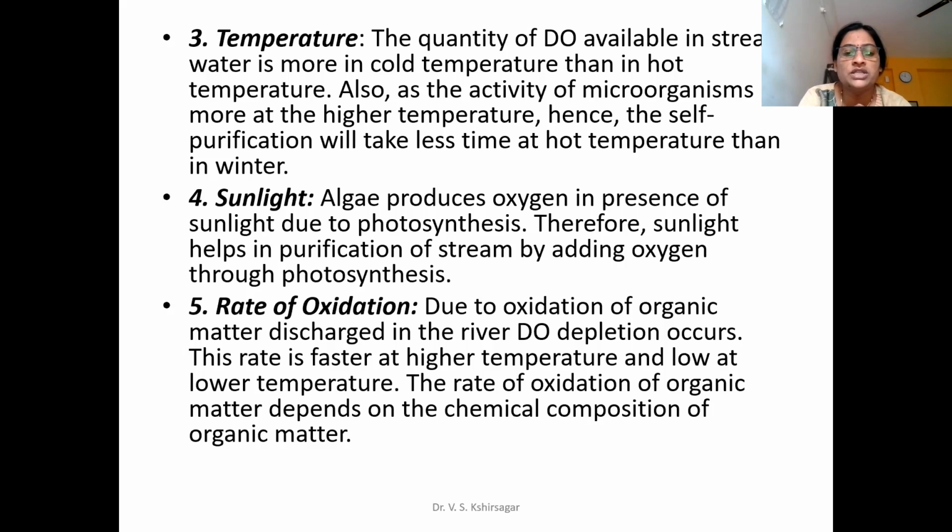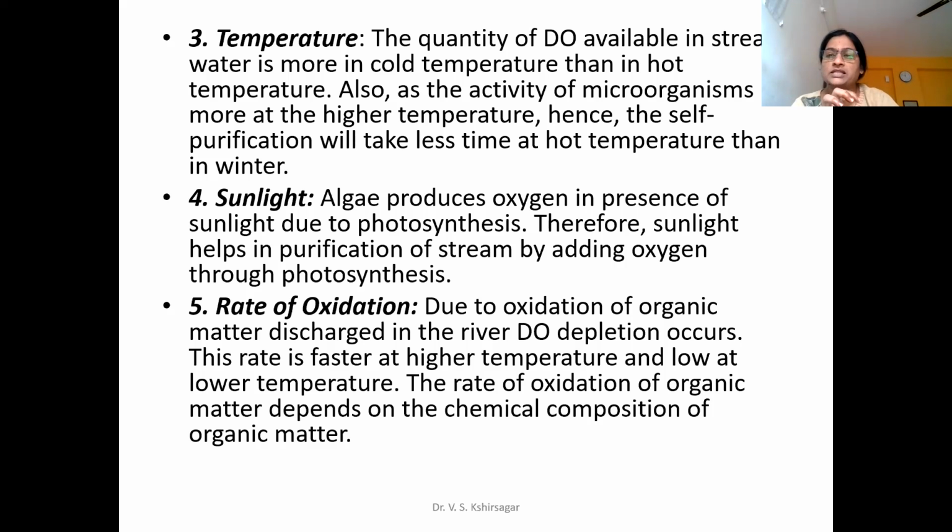Then the rate of oxidation. Due to oxidation of organic matter discharged in the river, DO depletion occurs. This rate is faster at higher temperature and lower at a low temperature. Okay, remember that twist. The rate of oxidation of organic matter depends upon the chemical composition of organic matter.